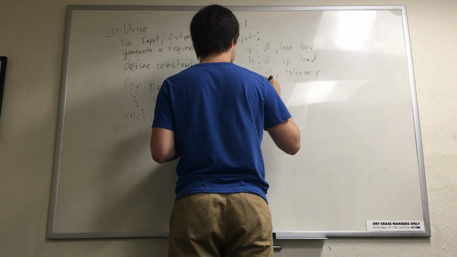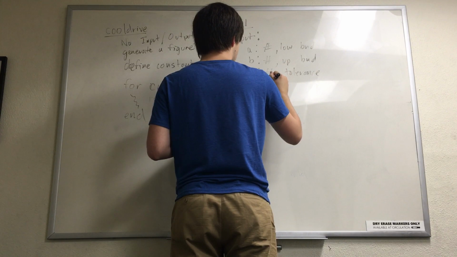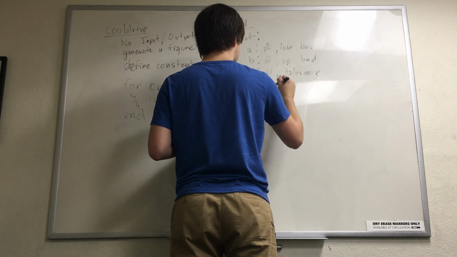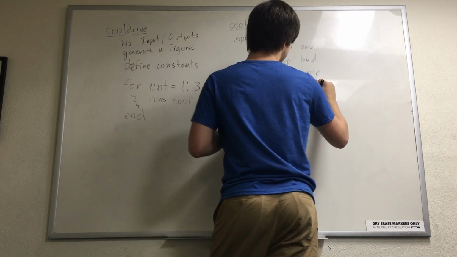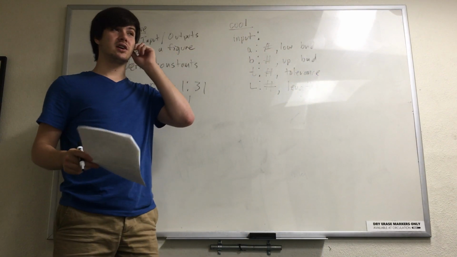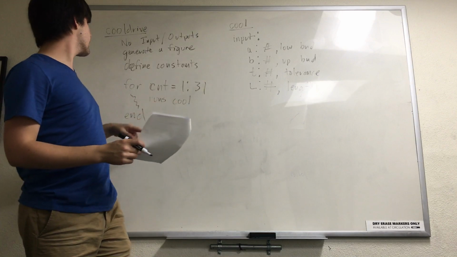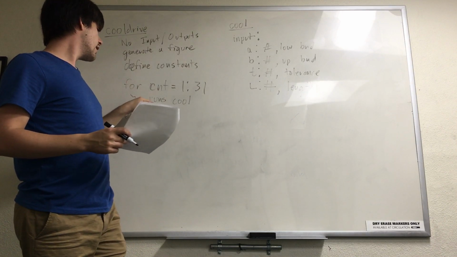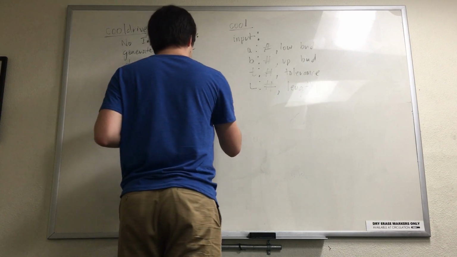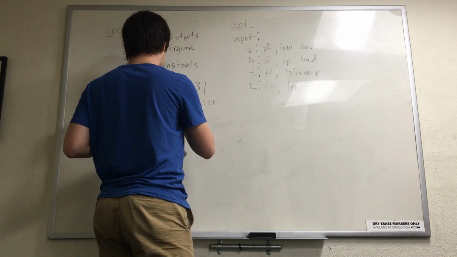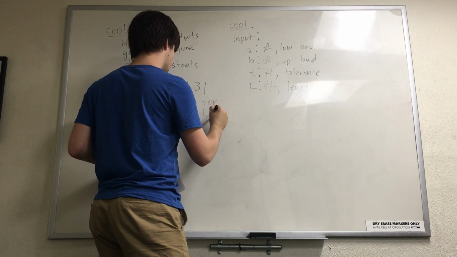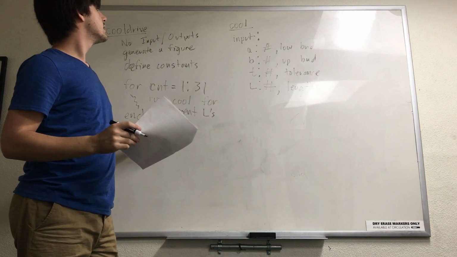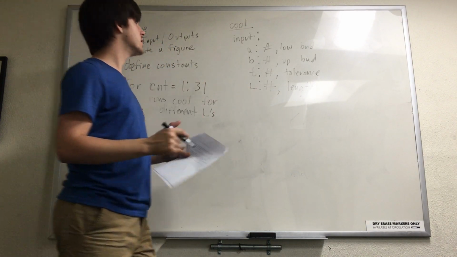And L is also a number, and it is the length of the bar. The length of the bar is just a variable that we're going to vary in cool drive, and it'll run cool basically for different L's. Okay? So that's what cool does.